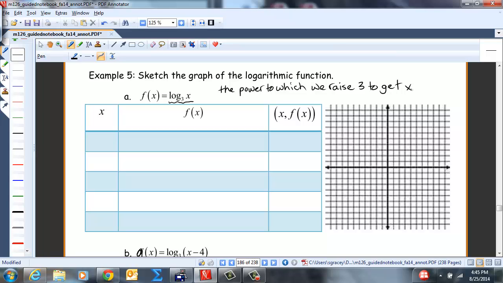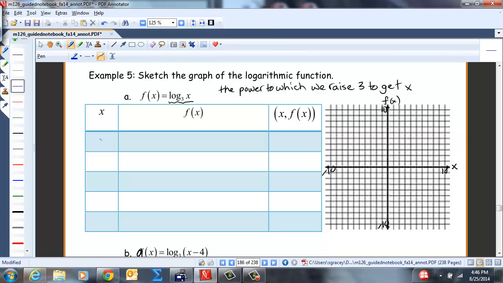So whatever that becomes is what our function value is. So, do our scale. Okay, so for x, since log base 3 at x is the power to which we raise 3 to get x, we want x to be powers of 3, or expressions which are powers of 3.